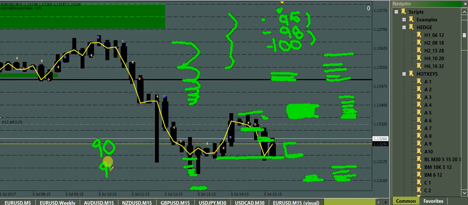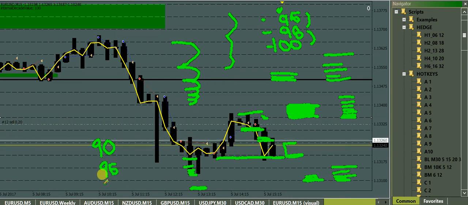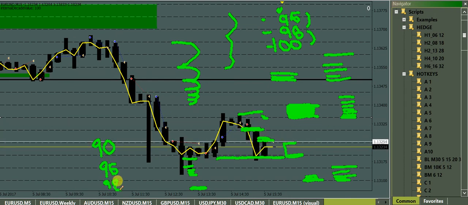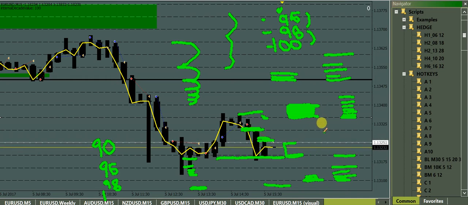Now you're 95. Now you're 98. And now you're 10 pips deep. You press a button, and it literally gets in like that because that's a 4K in a 1 pip range. You're buying a 4K in a 1 pip range here. So you don't have to be that extreme.